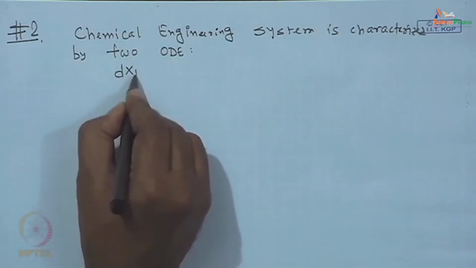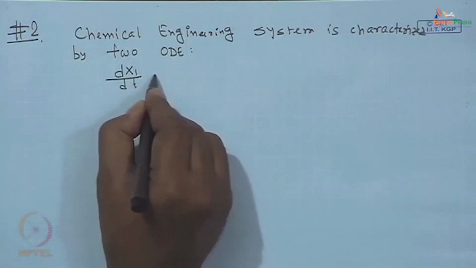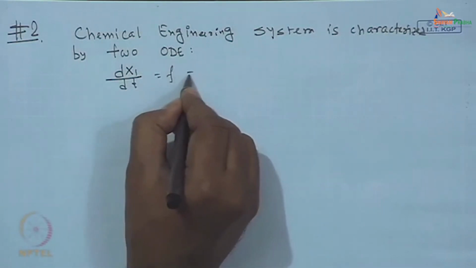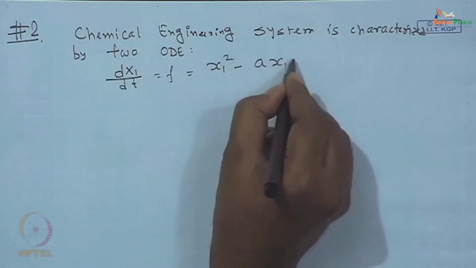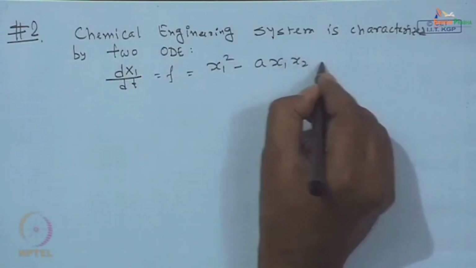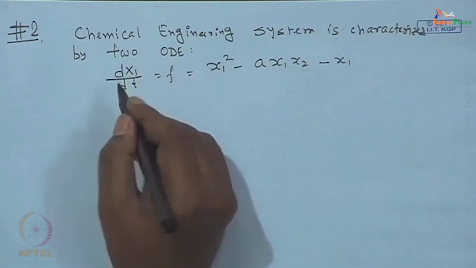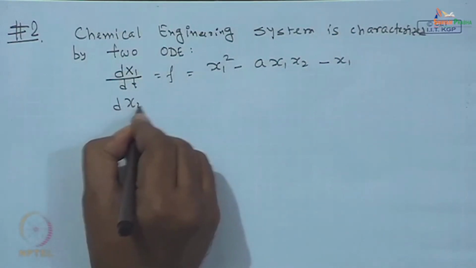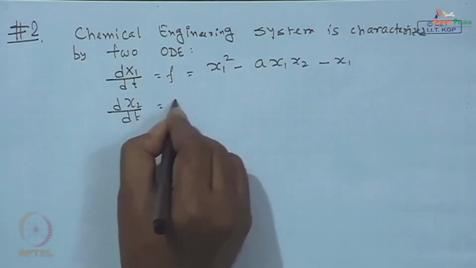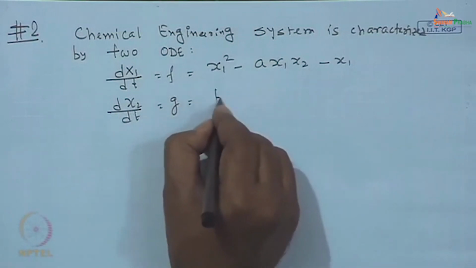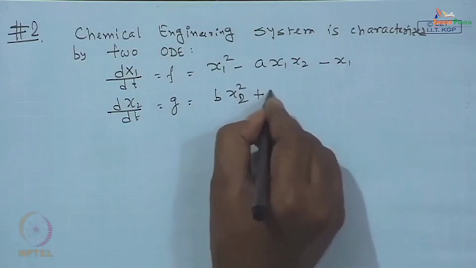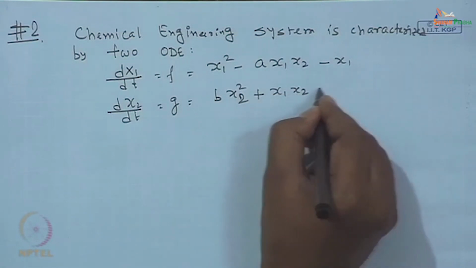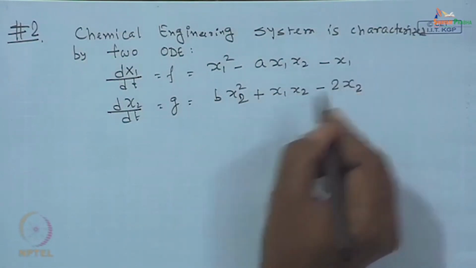These are dx1/dt is equal to f is equal to x1 squared minus a x1 x2 minus x1, and dx2/dt is equal to g is equal to b x2 squared plus x1 x2 minus 2 x2.